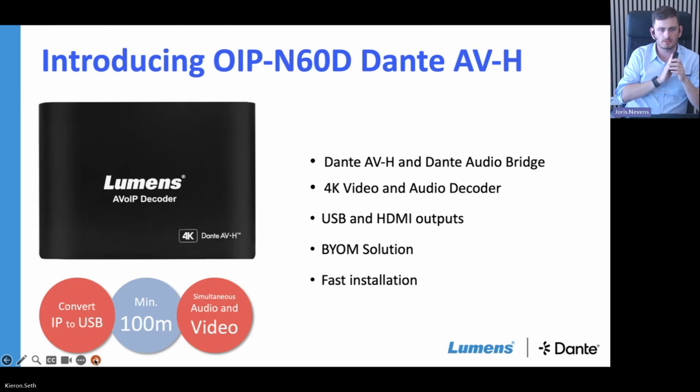And then this box, and that's why we call it bidirectional audio, will take in the far-end audio from your meeting, convert it from USB back to Dante, and send it to your Dante loudspeakers or to your DSP in the room. So basically you hook everything up to the network, you connect the OIP 60D decoder, and you can connect to all the audio and the video in the room.